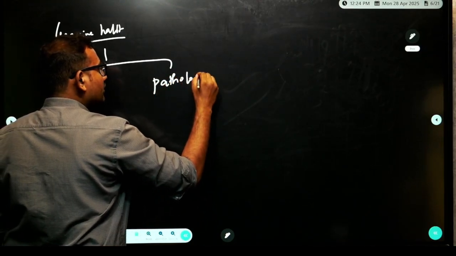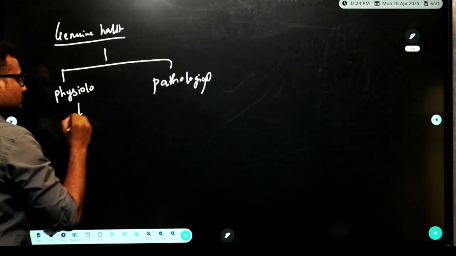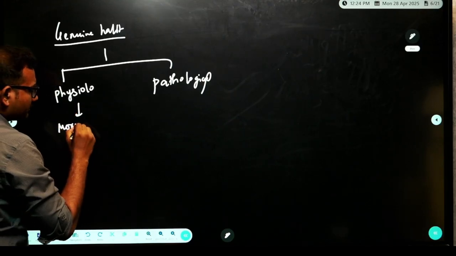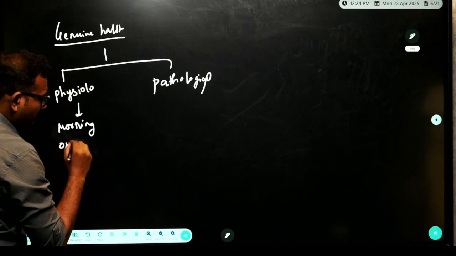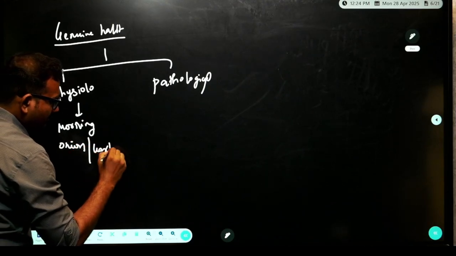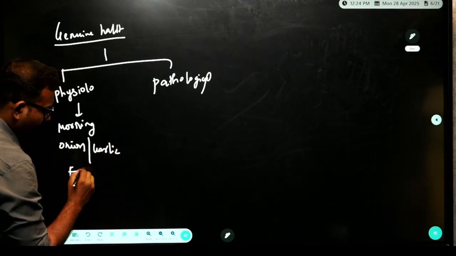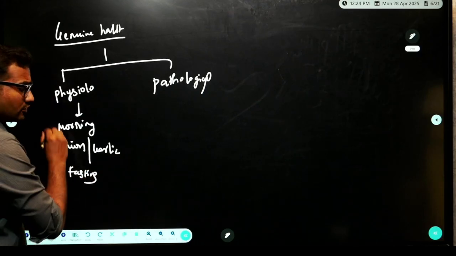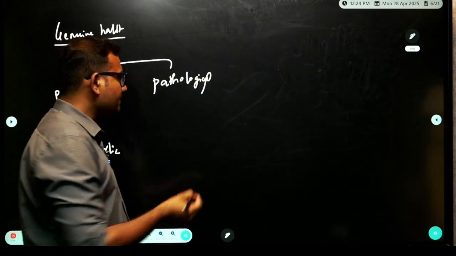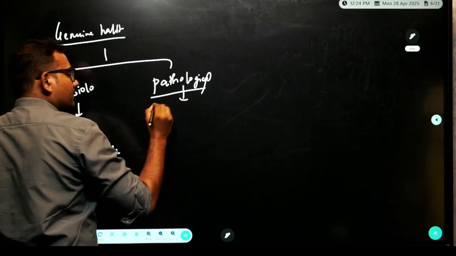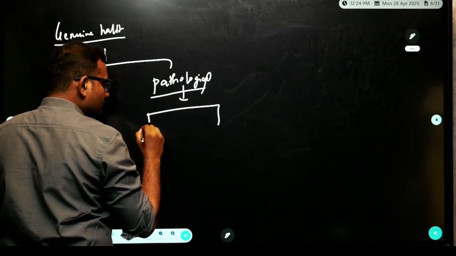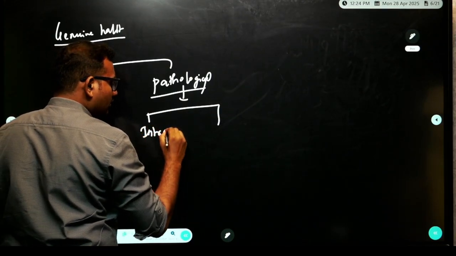If you take physiological, it can be morning bad breath, eating onion or garlic, or fasting. All these come under physiological, which is completely reversible. Pathological can be intraoral or extraoral.